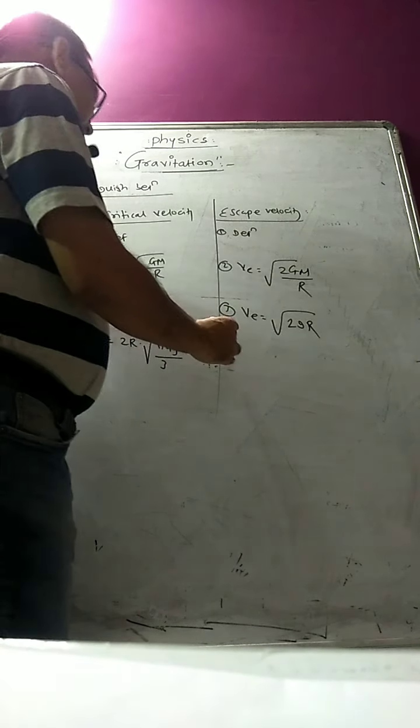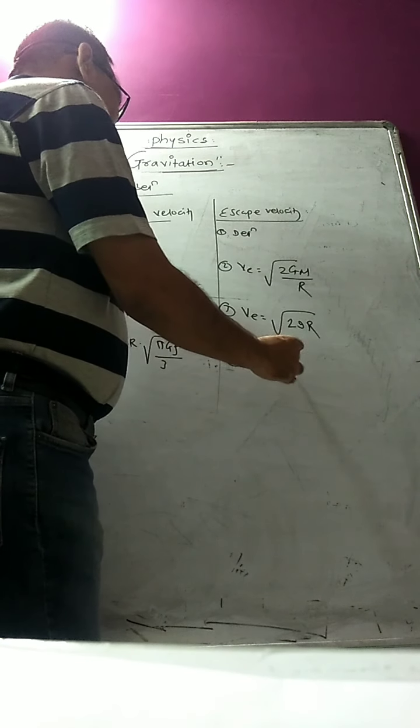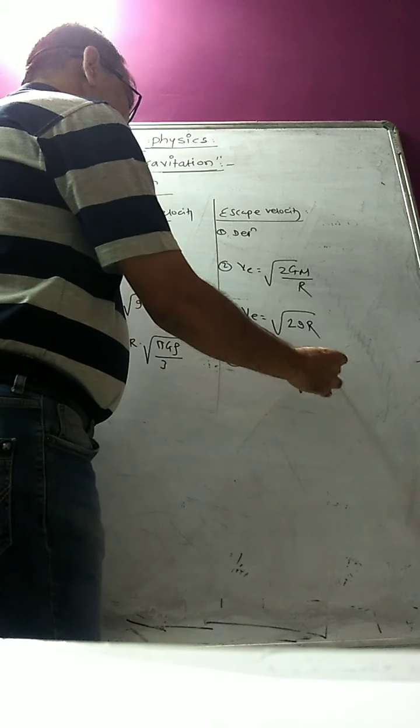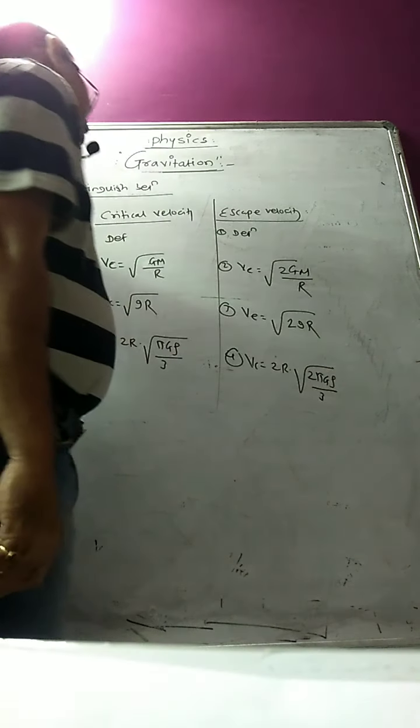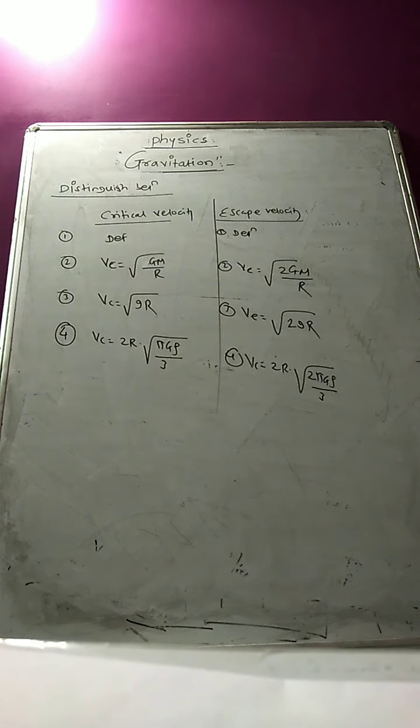And here escape velocity is equal to R under root of 8 pi G rho by 3. Okay, so these are the distinguishing points between critical velocity and escape velocity.